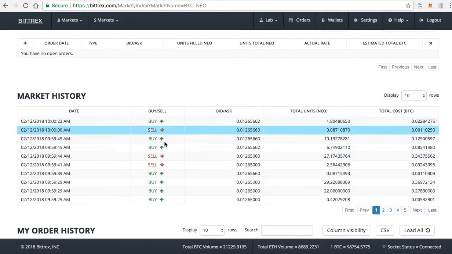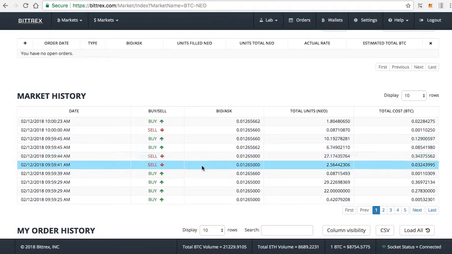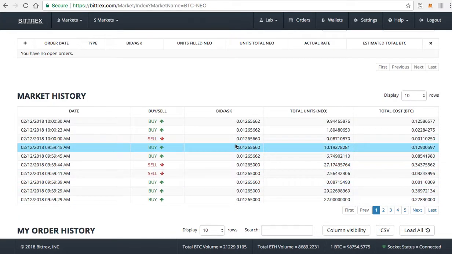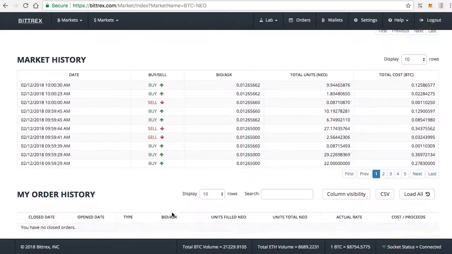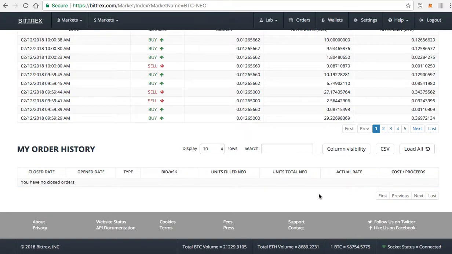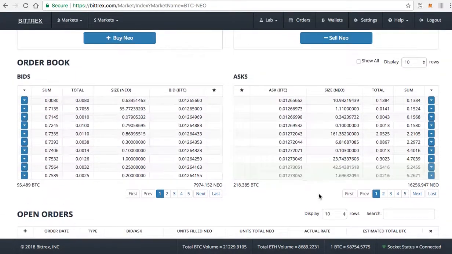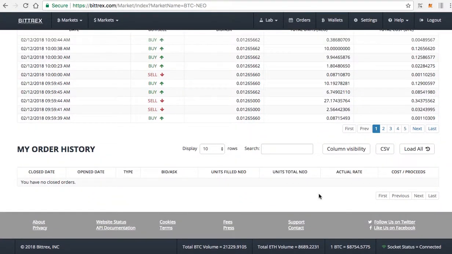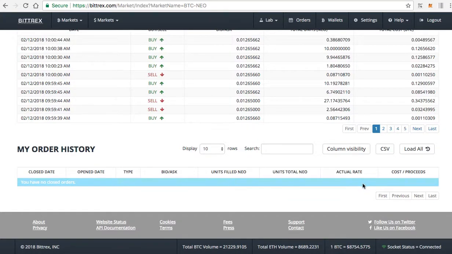This shows market history, the past buys and sells over seconds, that's why it's moving, because people are buying and selling. And this shows my order history, orders of NEO that have been filled, whether they were bought or sold. Okay. Unfortunately, Bittrex used to keep all records live down here. Now it doesn't.